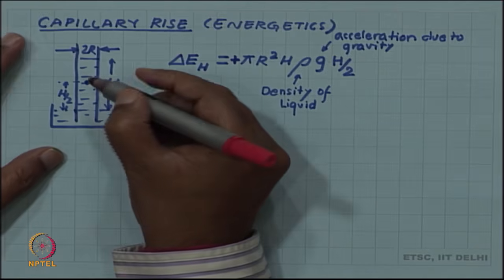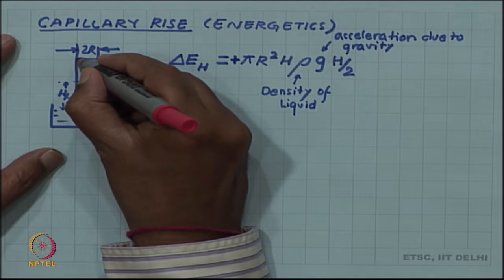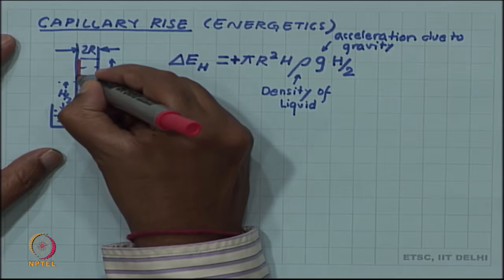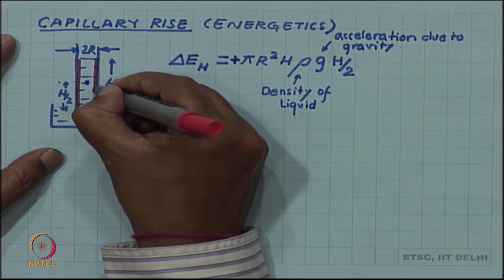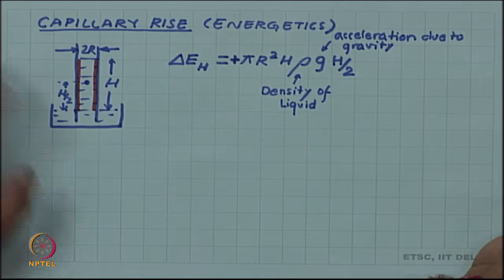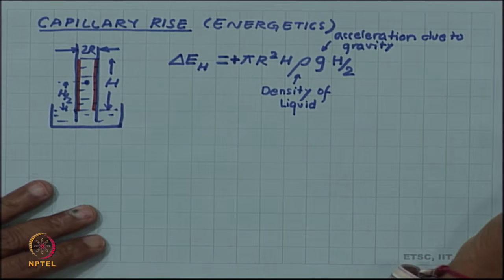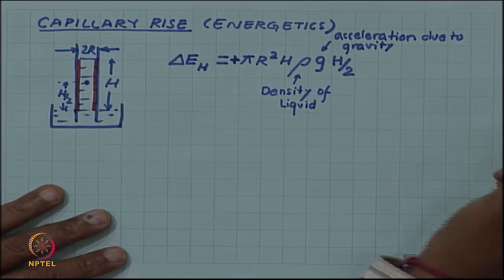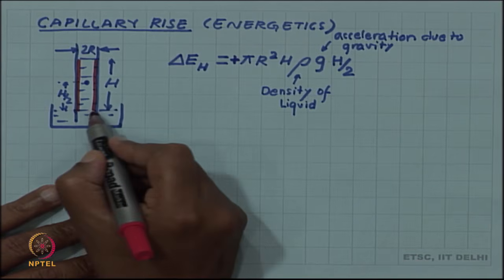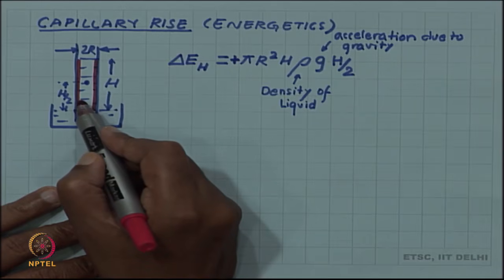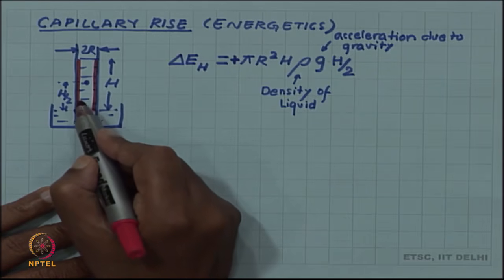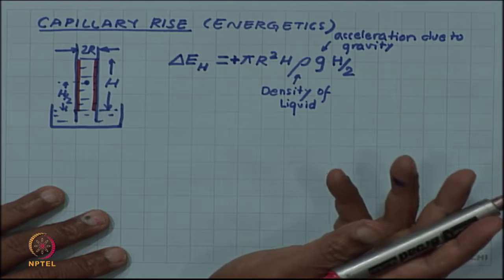We can see here that there are things happening at the interface or the surface and we have to take care of that. If you look at the tube surface, then you find that initially there was a glass air interface which has now been replaced by a glass liquid interface.